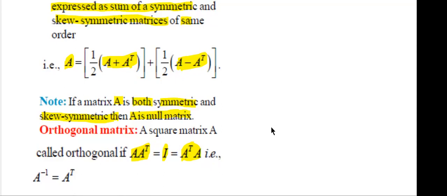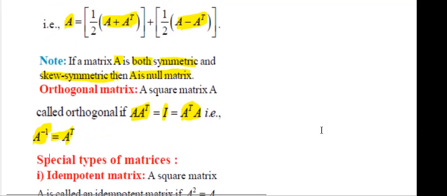Then we say the square matrix A is called an orthogonal matrix. If A is an orthogonal matrix, A inverse is equal to A transpose.